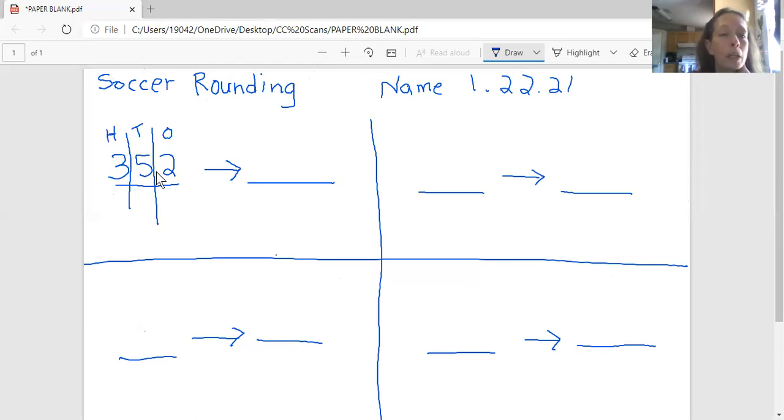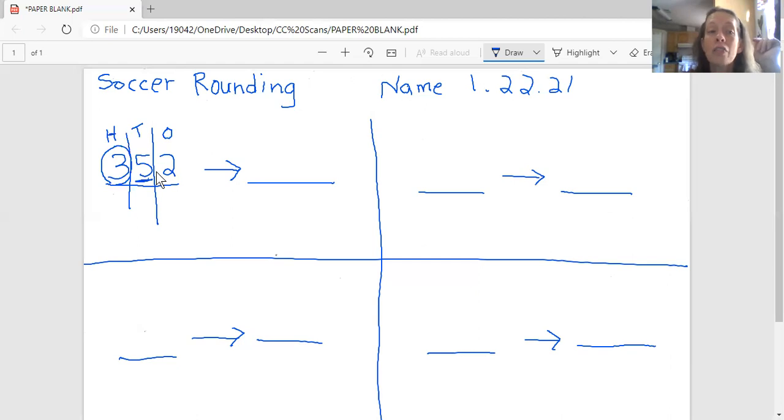So what grade are we talking about? We're talking about 3. This is our hundreds place. And who is Bad Behavior Bob? Bad Behavior Bob is 5. And then all we have to do is think, is Bad Behavior Bob old enough to go to the next level? Is Bob old enough to go up to the next grade? He only has to be 5 to go to the next grade. And he is 5, isn't he?